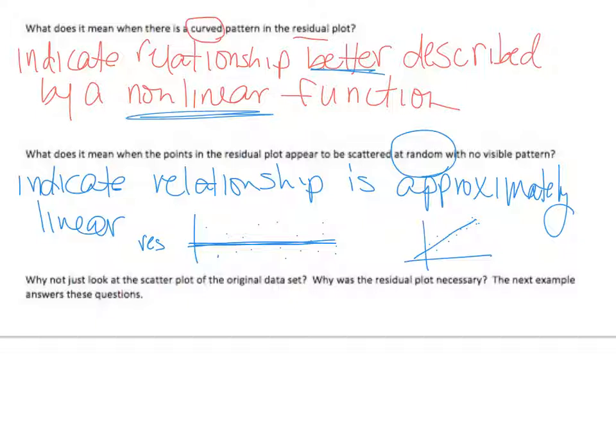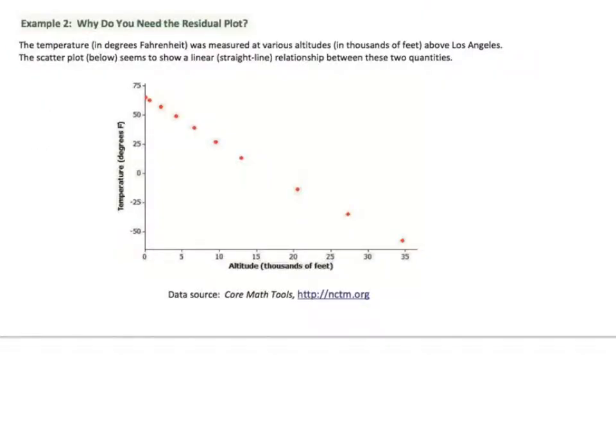So why not just look at the scatter plot of the original data? Why was the residual plot necessary? The next example answers these questions. So here, the temperature in degrees Fahrenheit was measured at various altitudes in thousands of feet above Los Angeles. The scatter plot below seems to show a linear, straight line relationship between these two quantities.